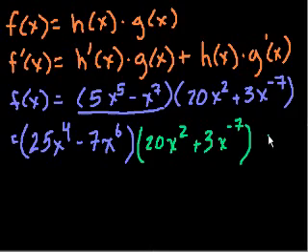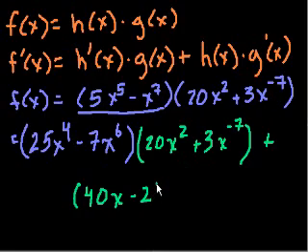And then to that, we will add the derivative of this second function. So the derivative of that second function is, let's see, it's 40x minus 21x to the minus 8th. And that times this first function. I guess I'll switch back to mauve.